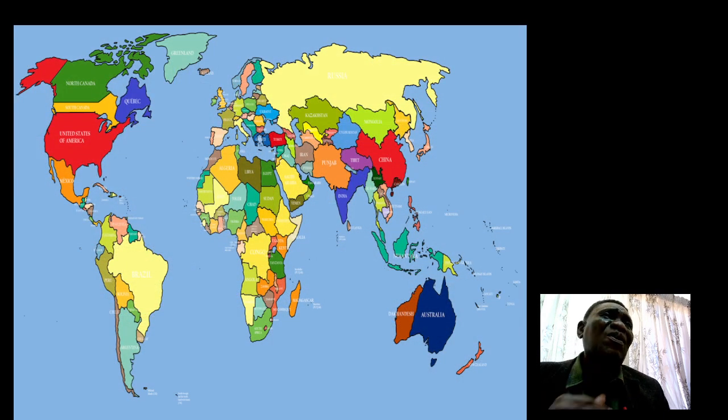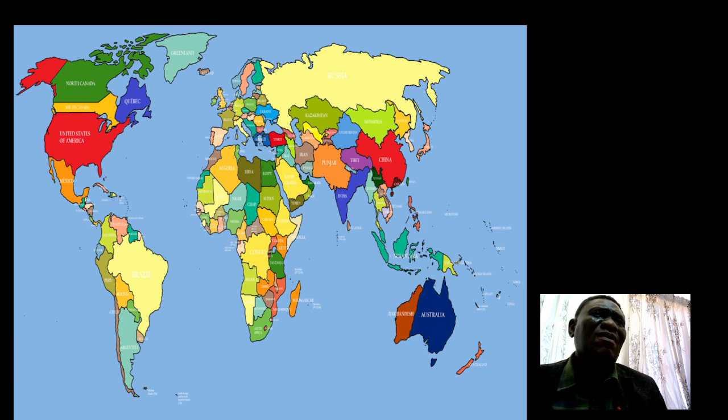If we look at the world map, we may find that in the northern hemisphere, where we have these developed countries, this is where most of the herbicides are used, as well as Australia, South America.